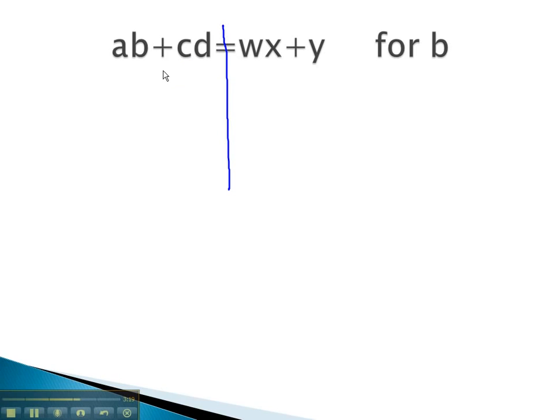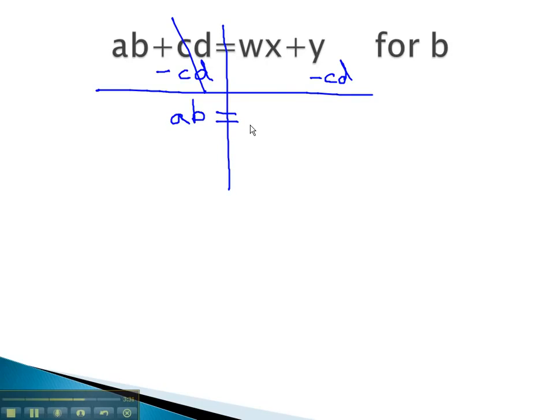The opposite of plus cd is minus cd. We will subtract cd from both sides. Now, we have ab equals. Notice there are no like terms on the right side, so we just treat this as a long addition problem: wx plus y minus cd.